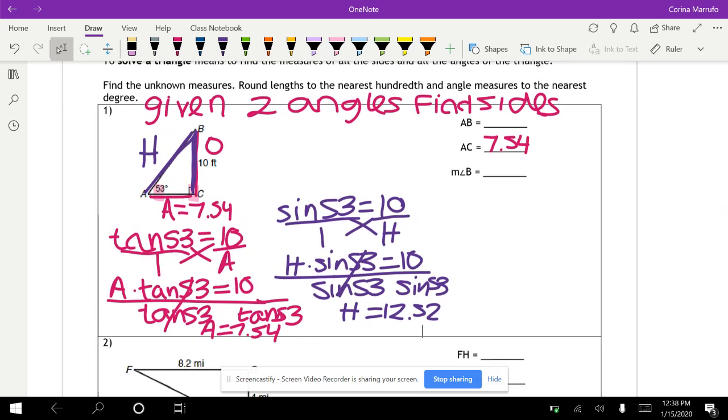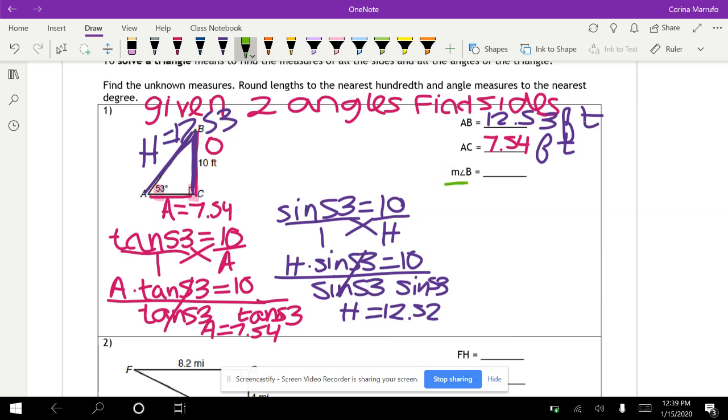So on here for h, our hypotenuse, this is equal to 12.53. That's from A to B. The units are feet.